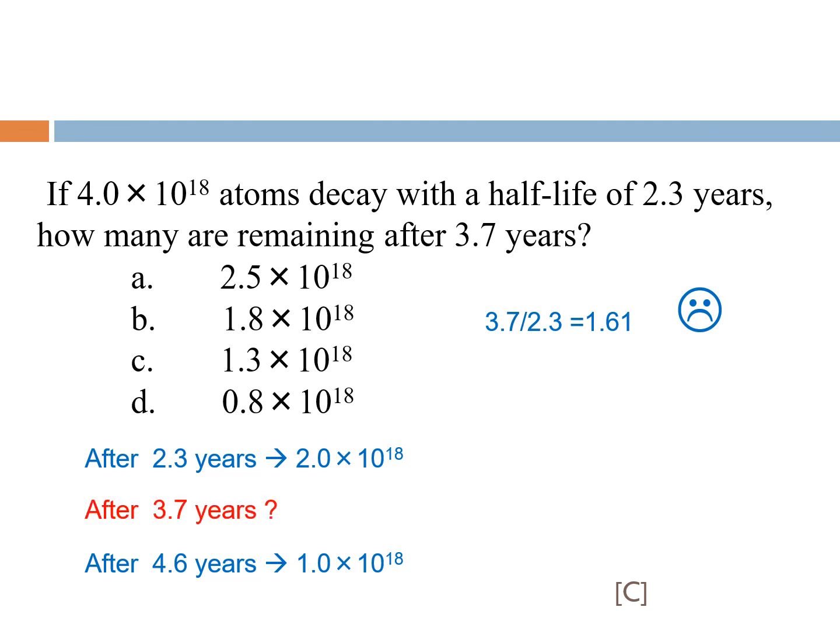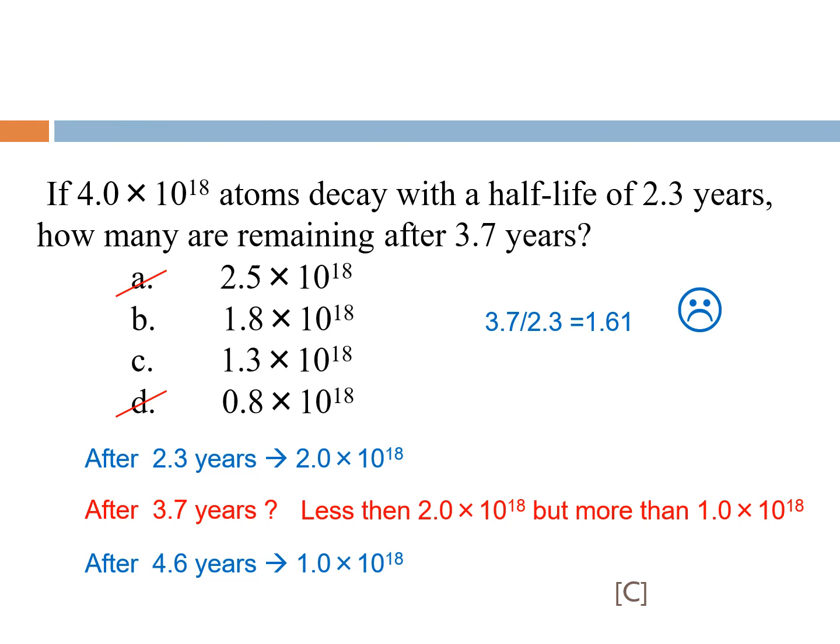So I know that my correct answer needs to be less than 2, but more than 1. And that cuts out immediately A and D, right? So I'm left with only 2 choices.